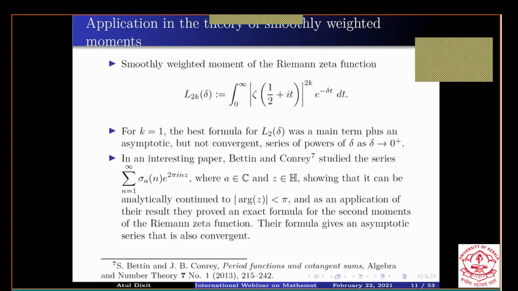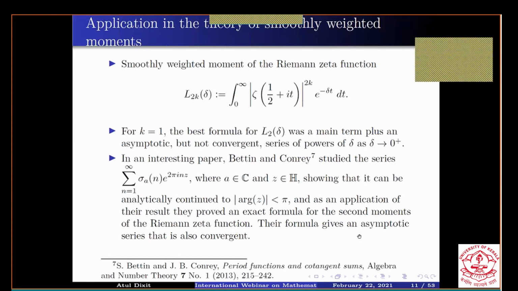But in a very recent work by Bettin and Conrey, in 2013, they actually studied the same series that we have studied. All the results are, of course, completely different. But for this particular series, they obtain a number of results of this kind. They first show that this can be analytically continued to the slit complex plane, as well as they get, as an application of the result, an exact formula for the second moment of the Riemann zeta function.